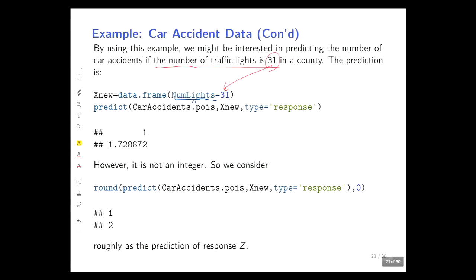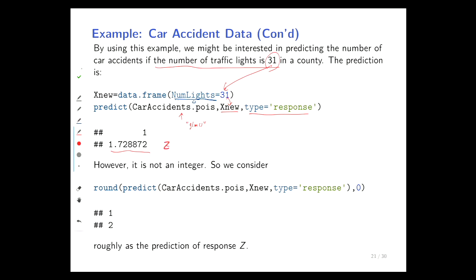By doing that, we can use this new data frame to predict the number of car accidents in this county. We input the GLM output and this new data set, and we specify type equals response because we want to predict the response. In this case, we are going to have this prediction. What's the prediction?